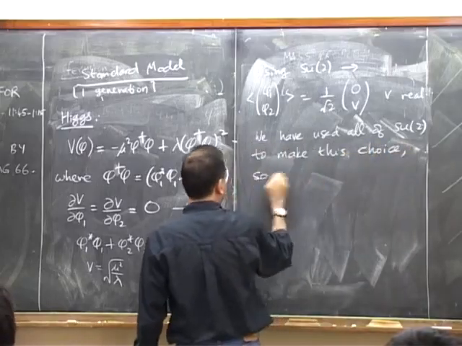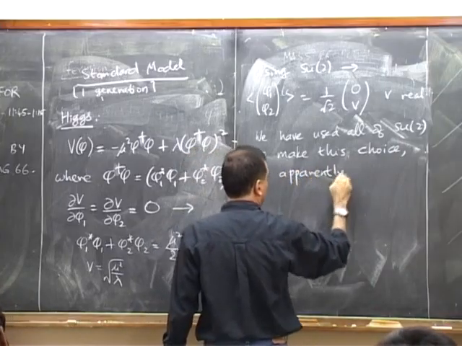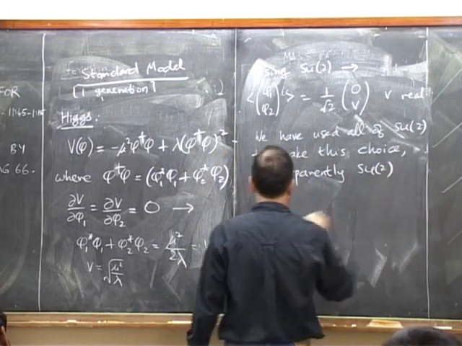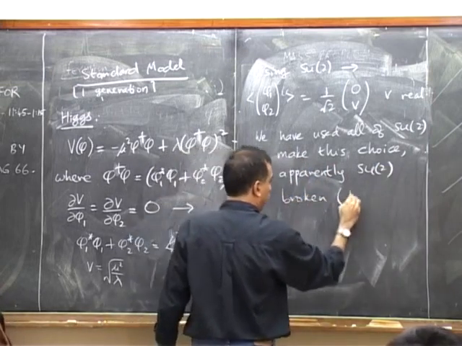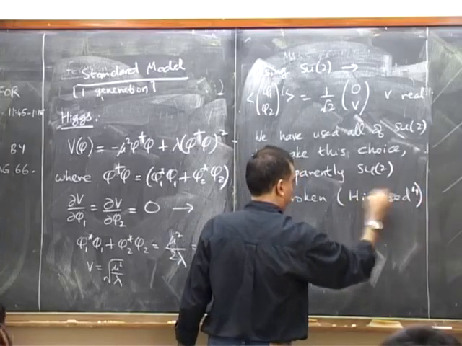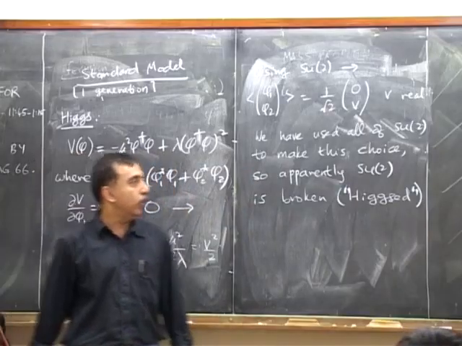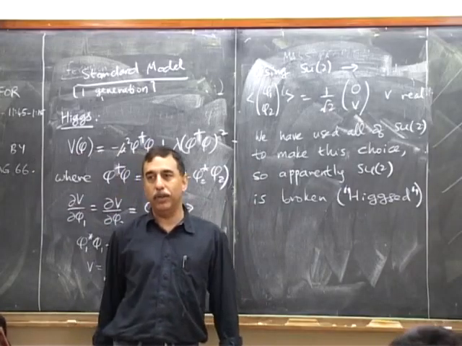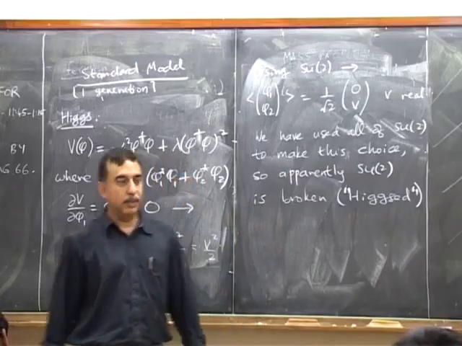So apparently SU2 is broken, or as I prefer to say, Higgs. And if that was true, then the three SU2 bosons W mu A with A moving from 1 to 3 should all be massive, and the hypercharged boson U1 should be massless.